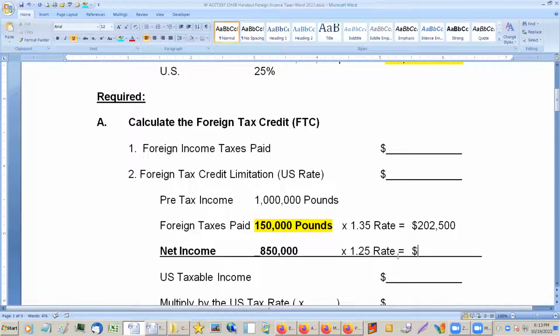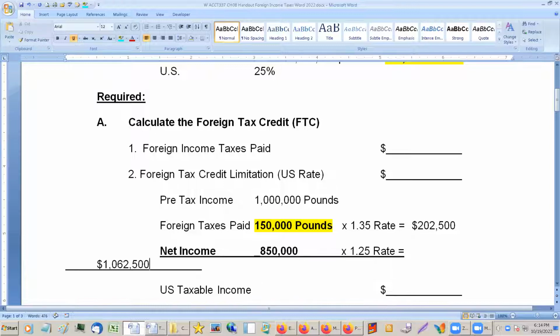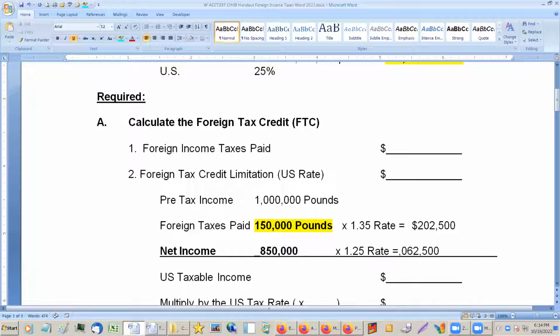So in US dollars, that would be 1,062,500. Oh, I know what it is. It's those things underneath.